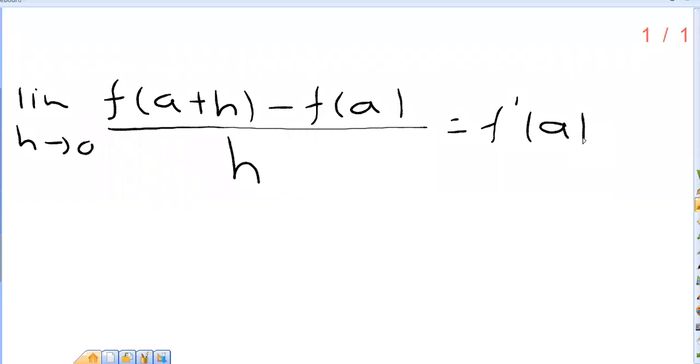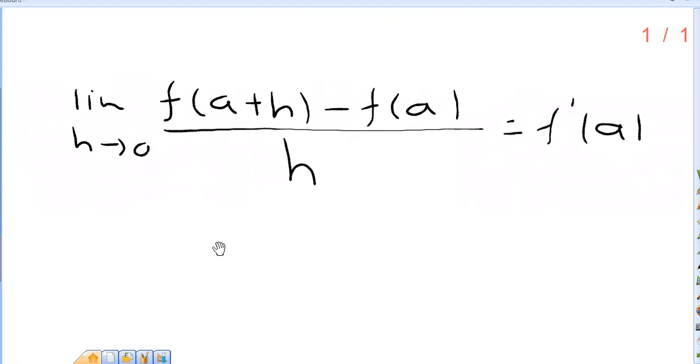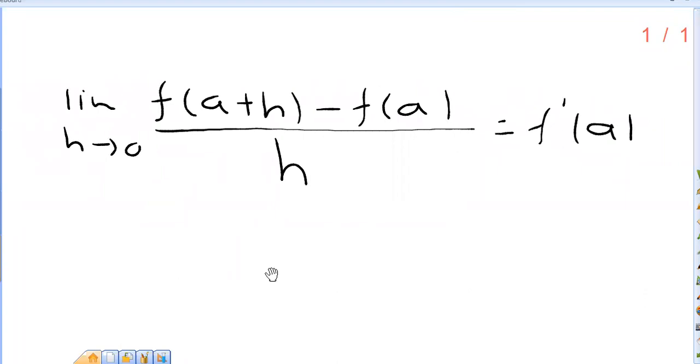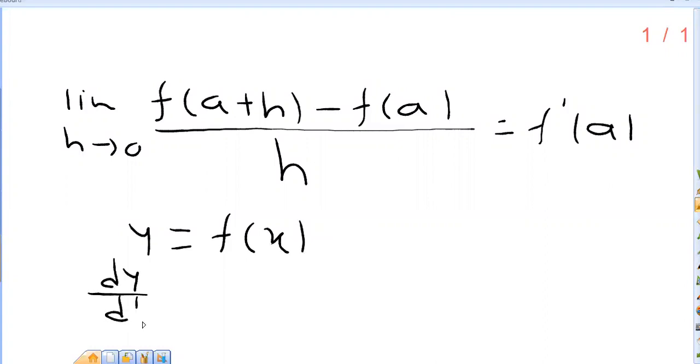Okay, now we will discuss an important point, that is relative rates. Suppose we consider the function y equal to f(x). Suppose this is a differentiable function. Assume that x and y are both differentiable functions of t. So what I will do is differentiate both sides with respect to t. What is derivative of y with respect to t? dy/dt.